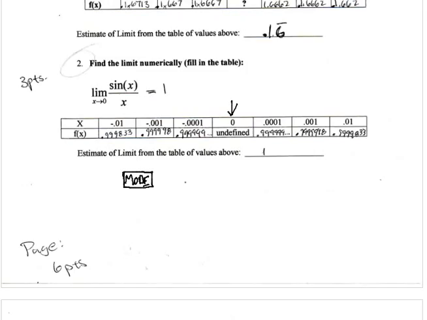There'll be a screen, and one of the selections will be radians and degrees. If degrees is highlighted and radians is not under the mode menu, then you would get the wrong answer for this problem, because sine of x will not return the correct values unless you have it in radian mode.